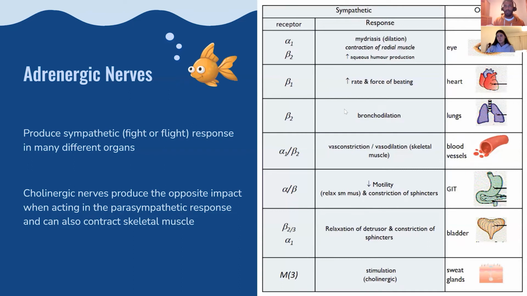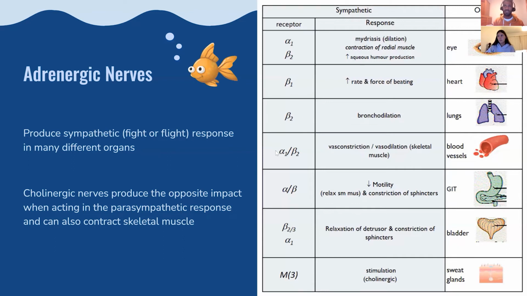So I think the main receptors here, if you're looking at how you remember them, is that there are subtypes of the alpha and beta receptors. Really, the one that's important to know is we get B1 receptors in the heart and B2 receptors in the lungs. You can remember that because we have one heart, so B1, and we have two lungs, so B2.